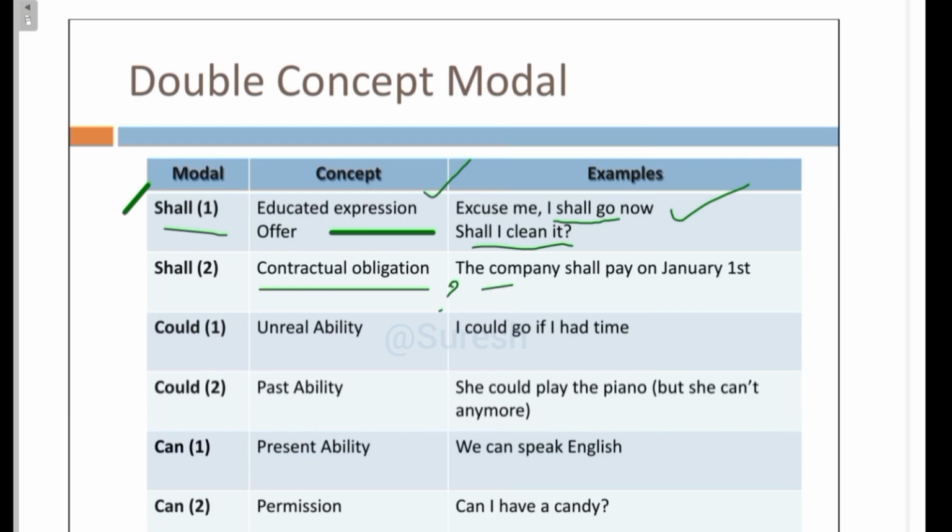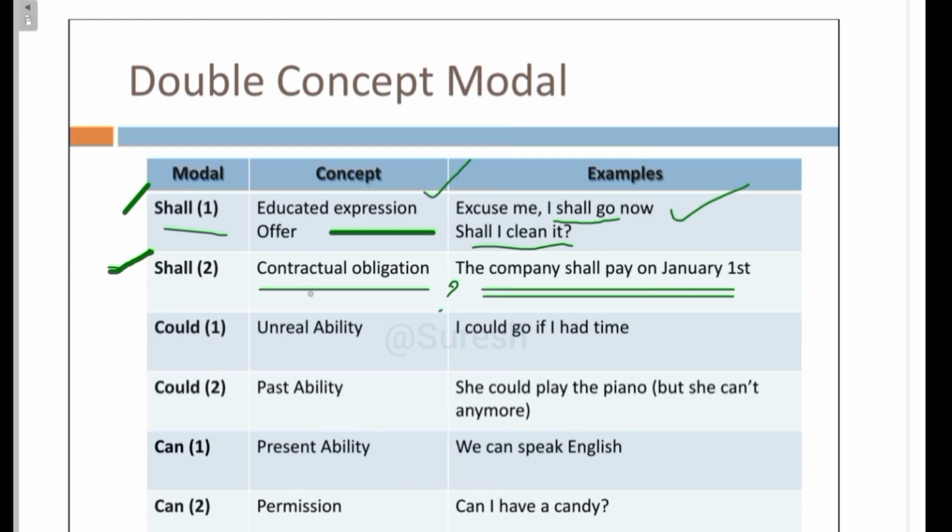The company shall pay on January 1st. So the company agreed that the company is going to pay, not every month, sorry, on January 1st. The company agreed that the amount is to be paid on January 1st, and that is a contractual obligation by the company, right? By the company with the employee, we can say.